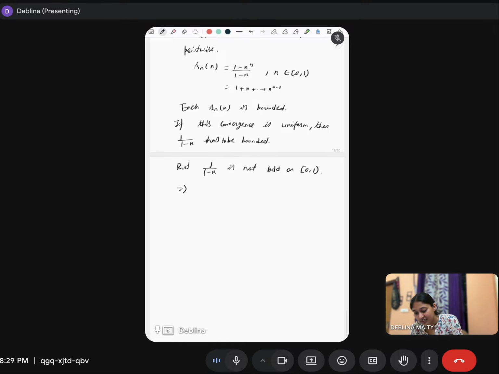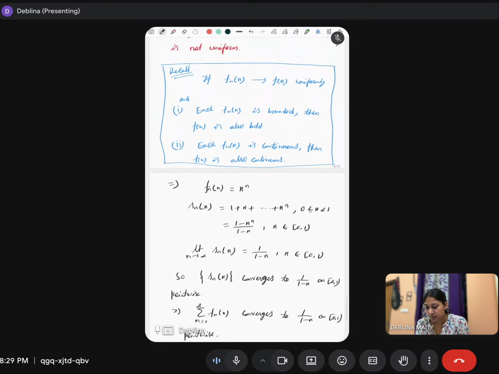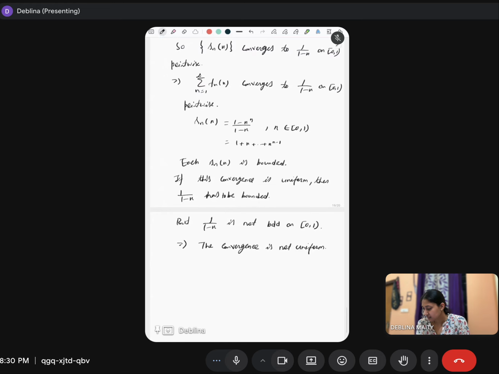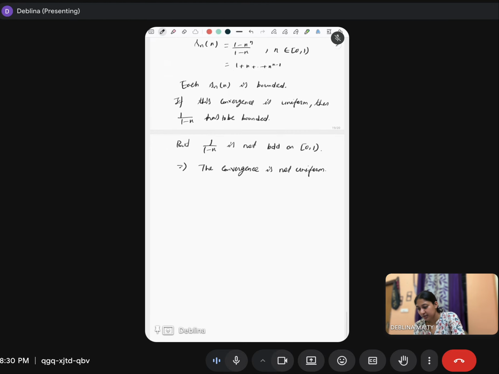So this implies the convergence is not uniform. Right? So you have proved this one. So it is convergent, but the convergence is not uniform by this one. By the consequences, we have used this. Right? Okay, so let's go to the next example.